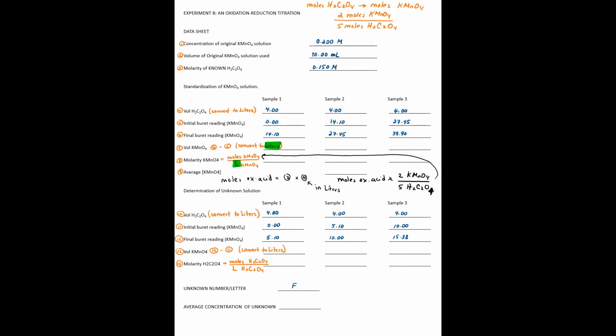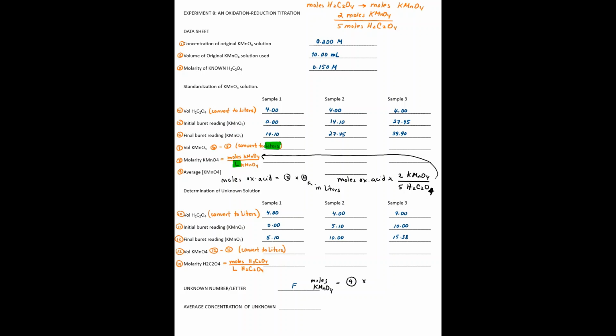So in this one, to get the moles of potassium permanganate, you're doing your average, which is what you have in number 9, the average concentration for potassium permanganate times the volume of potassium permanganate.